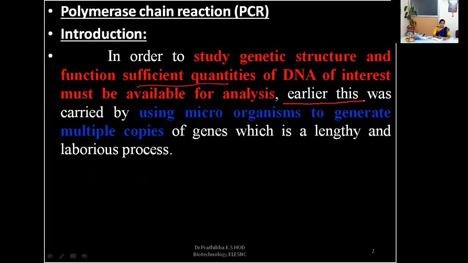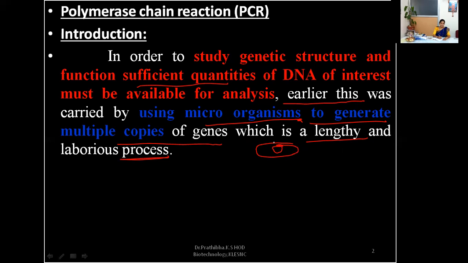Earlier, this technique was carried out by using microorganisms to generate multiple copies of genes, which is a lengthy and laborious process. Why is it lengthy and laborious? Because your DNA of interest, you need to introduce into the plasmid DNA, and this plasmid DNA you need to introduce into the bacterial host system.